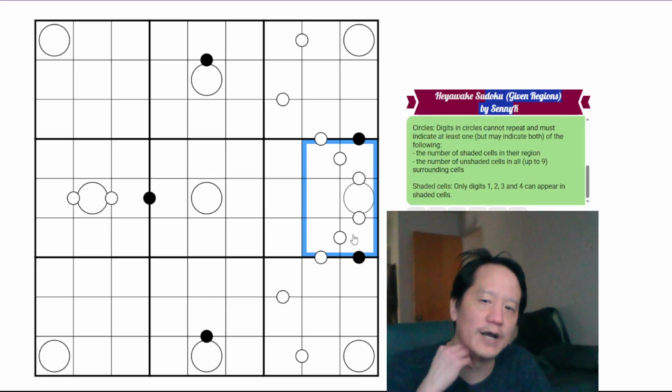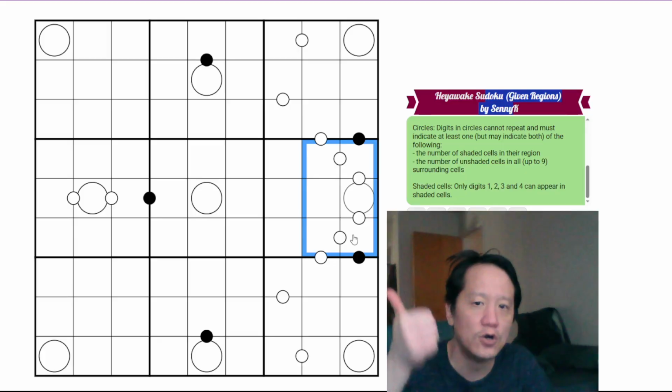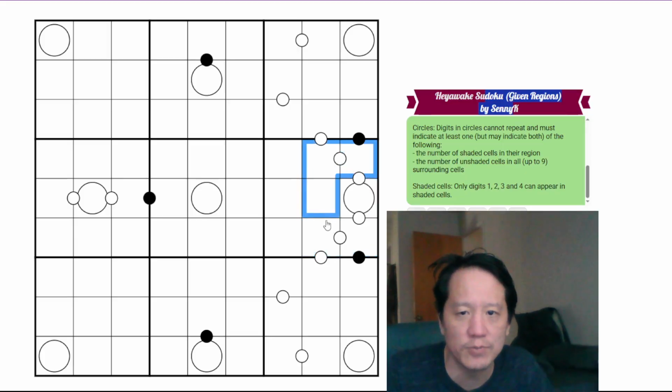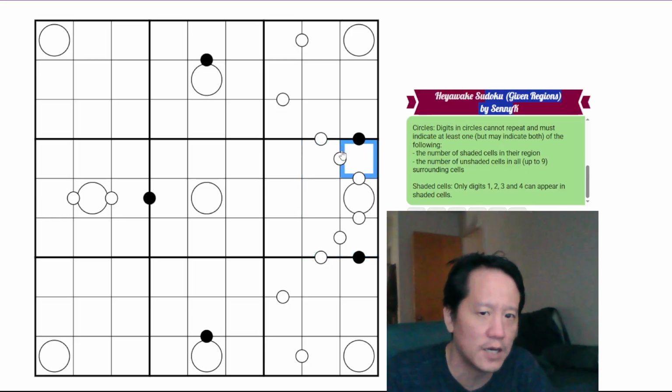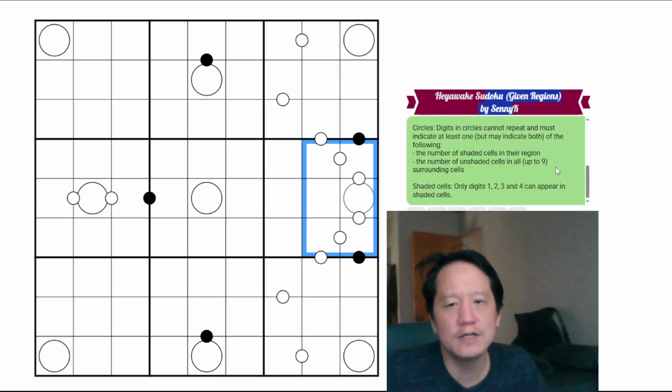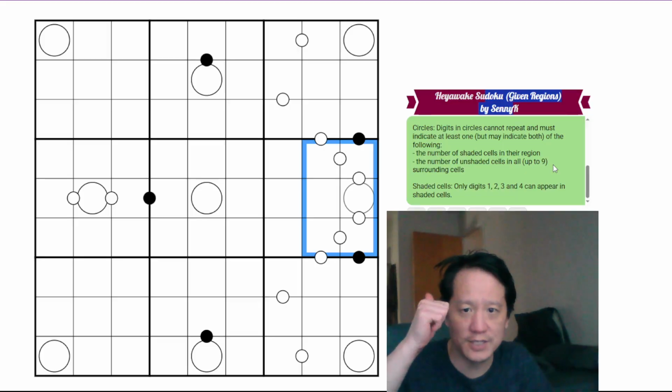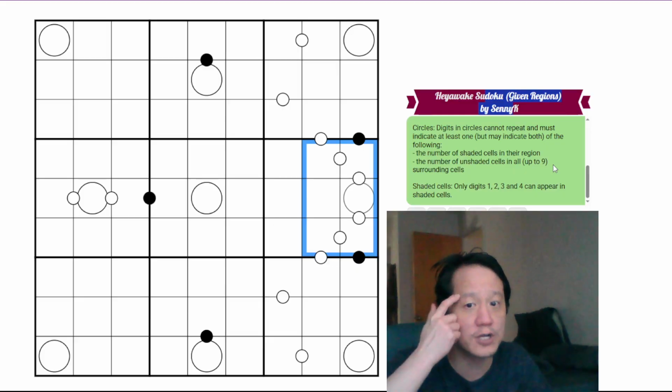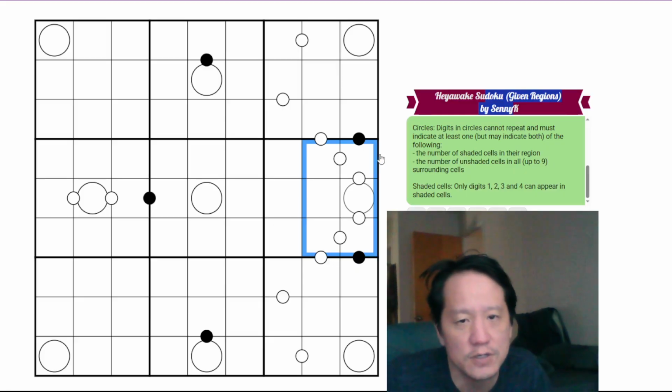Because they can only match the shaded cells in the region, or in this case, it would have to be the up to 6 number of unshaded cells in the surrounding cells. And finally, shaded cells can only contain the digits 1, 2, 3, or 4. Only digits 1, 2, 3, 4 can appear in shaded cells.